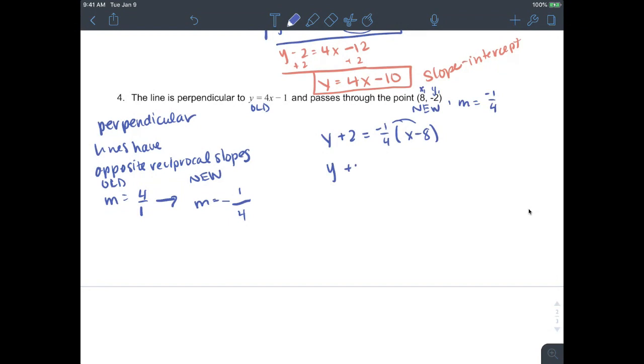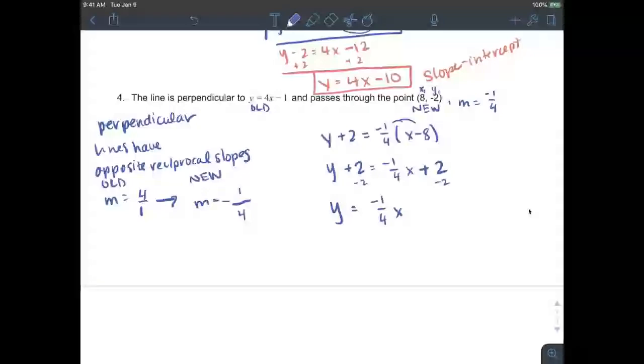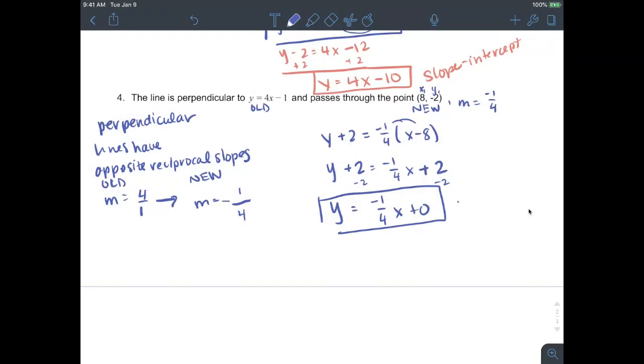Y plus 2 is equal to -1/4 x plus 8 divided by 4, which is 2. Then I'm going to subtract my 2, giving me y equals -1/4 x. That's it, plus 0. You can put the 0 if you want or not. This is slope intercept. This is point slope.